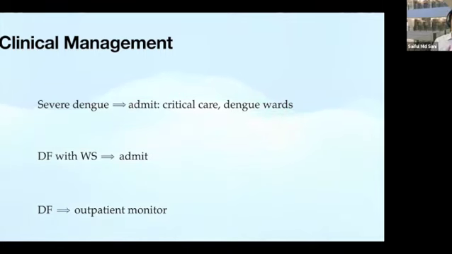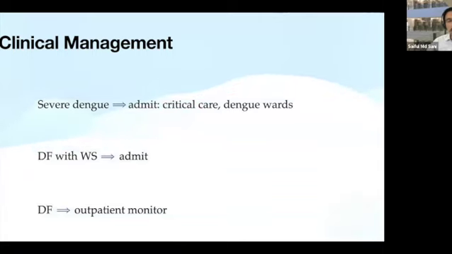For example, if a person has severe dengue, the person must be admitted, and ideally they will be admitted to critical care. Failing that, if beds in critical care are not available, they should be disposed to specialized dengue wards. Dengue fever with warning signs, which are the intermediate criteria, a non-severe type of case, would need admission for further management, for further monitoring.